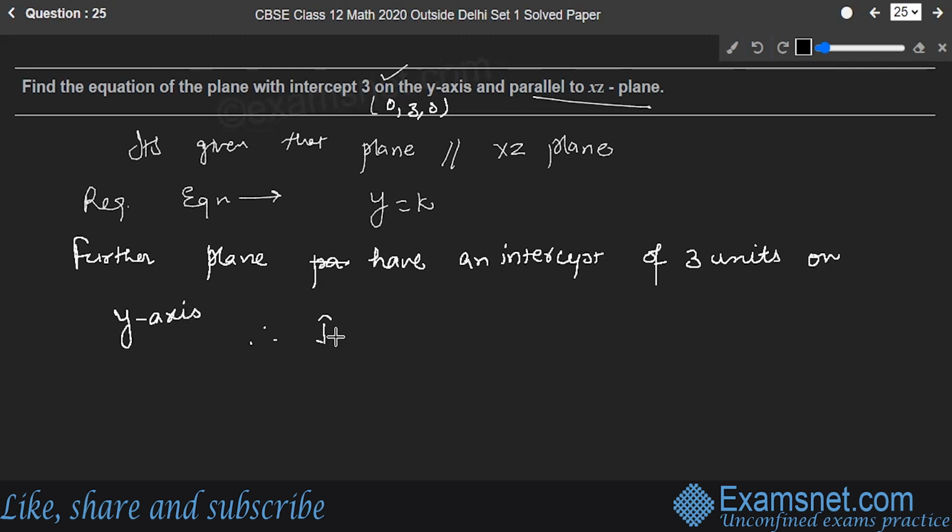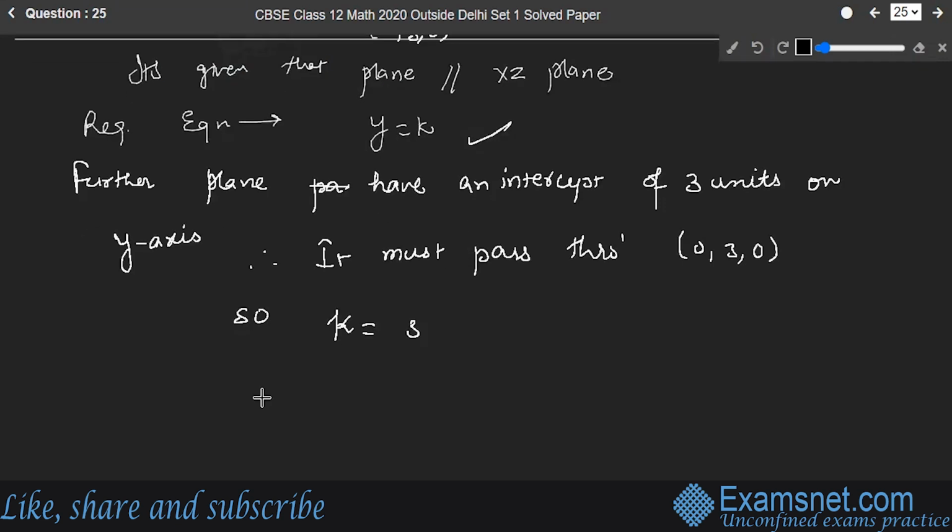Therefore, it must pass through (0, 3, 0). So that means over here, what is the value of k? 3. That means y is equal to 3. This is the equation of the plane, simple as that, right? Hope you understood that. Let's move to the next question, number 26.